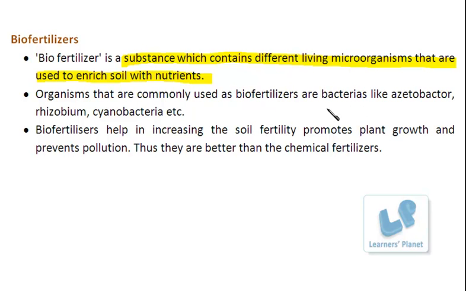Anyways, the examples of the bacteria used in these biofertilizers are Azotobacter, Rhizobium, Cyanobacteria, and so on. You must be having this idea that they are converting the elementary form of nitrogen into the inorganic form, in the form of nitrates and nitrites, isn't it?